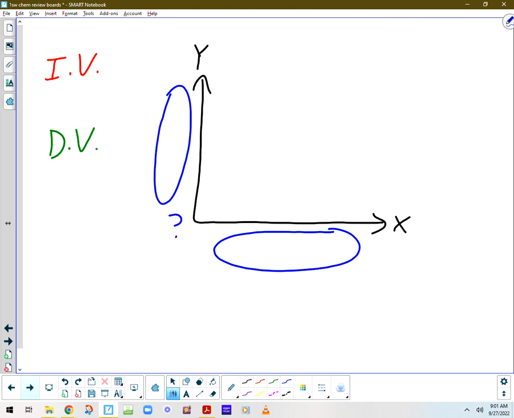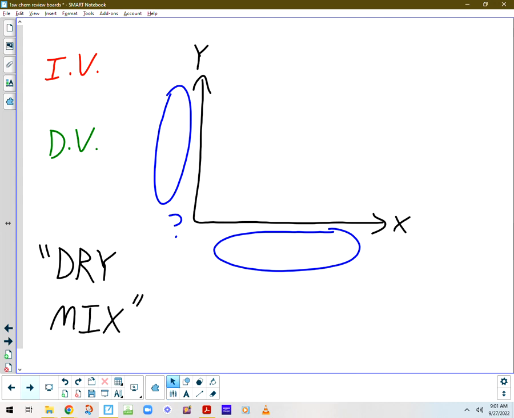The way you remember that, remember the goofy saying that I told you to remember, 2 words? Okay, there it is again. Goofy saying you remember: dry mix. And this will tell you what you need to do. The dependent variable, you pretend it's on the y-axis.